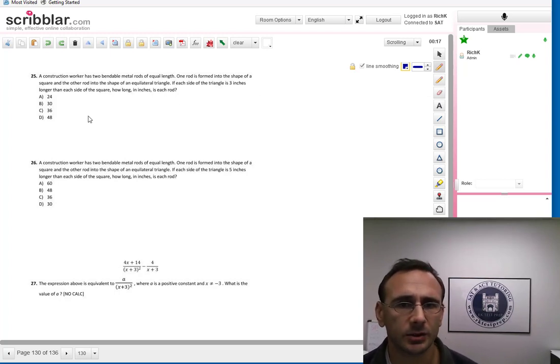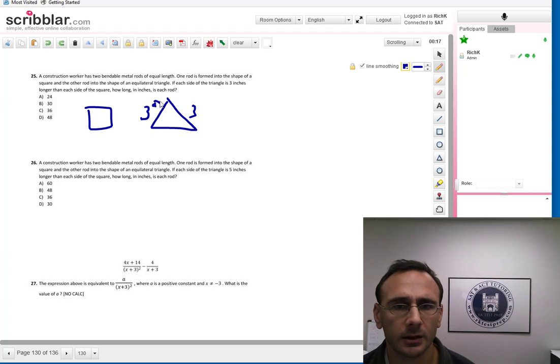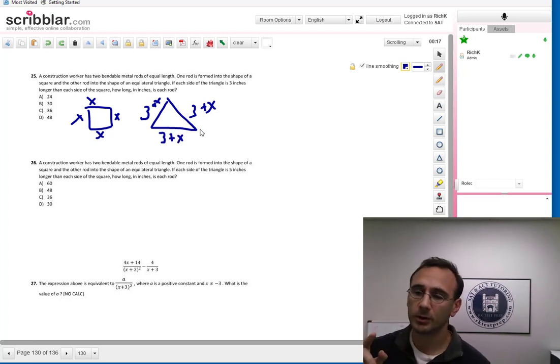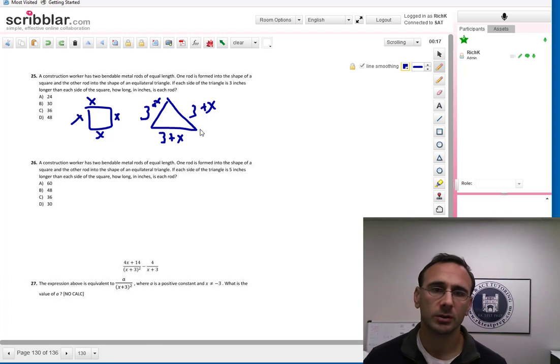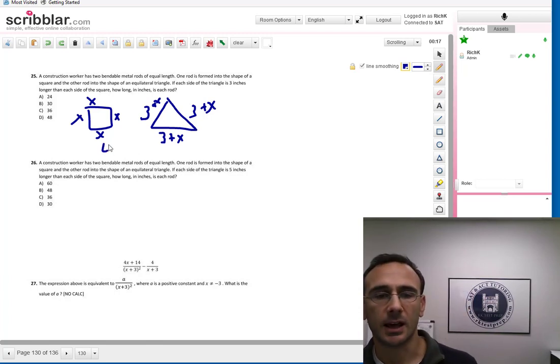One rod is in a square. The other side one is an equilateral triangle. If each side of the triangle is 3 inches longer than the square, so if we make the square sides x, each one of these is going to be 3 plus x. But we know the perimeters of each have to be equal, so we can add up over here and have 4x, and that has to equal 9 plus 3x on the other side.